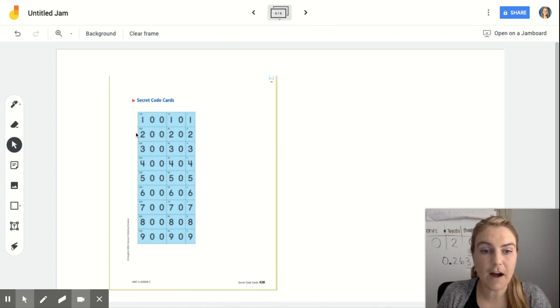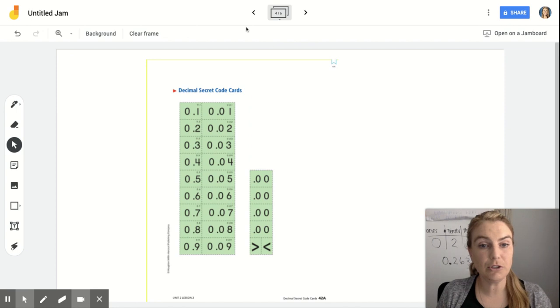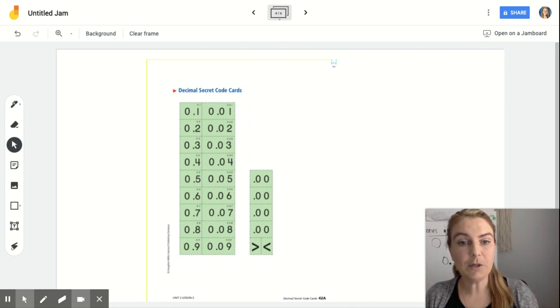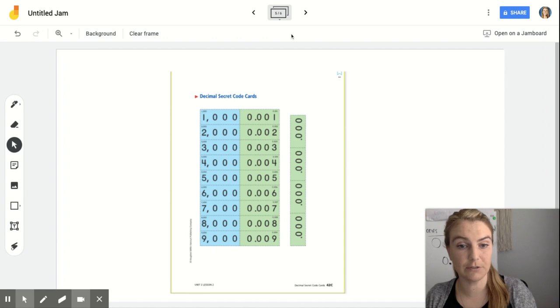I'm going to give you about 5 minutes to cut along the dotted lines. As you're cutting, I want you to notice a few things. What do the colors on these cards represent? Take a look at the numbers in the right-hand corner. Take a look at the back of your secret code cards and see what's on the back.